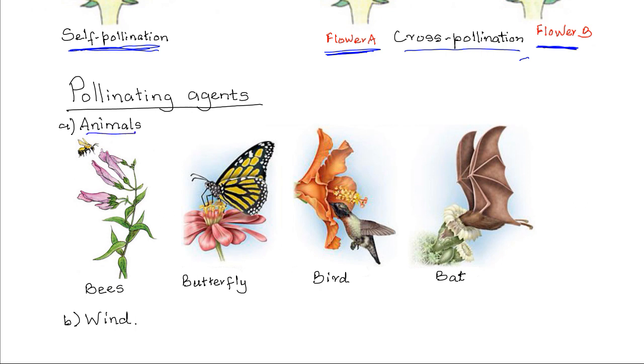Animals such as bees, butterfly, birds, and bats carry pollen grains from the anthers to the stigma. It may be from the anthers to the stigma of the same flower, or from the anthers to the stigma of different flowers.